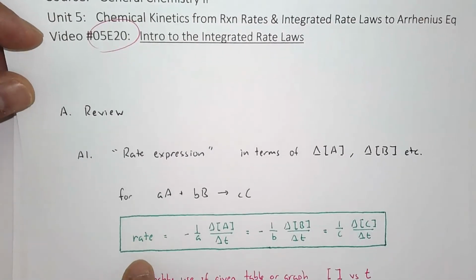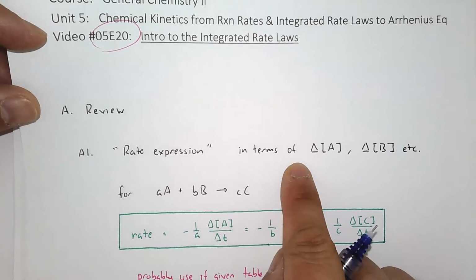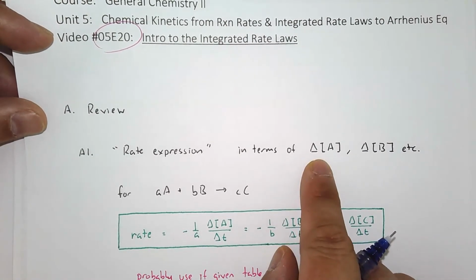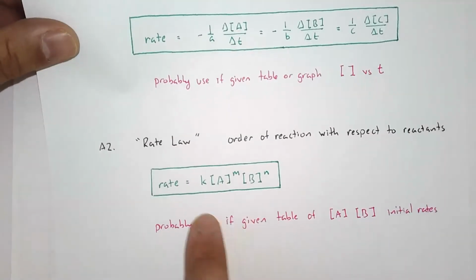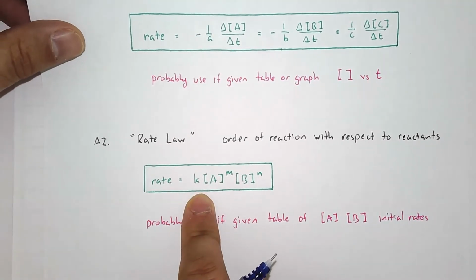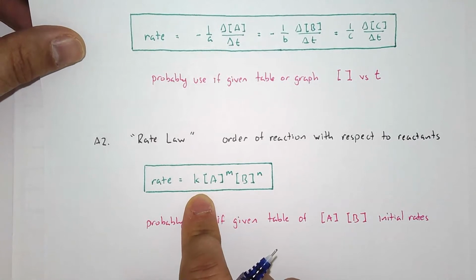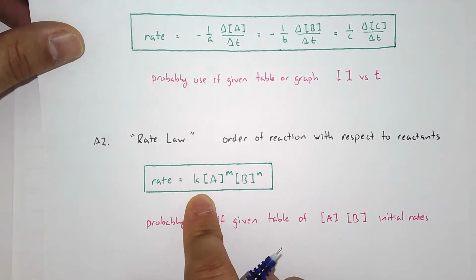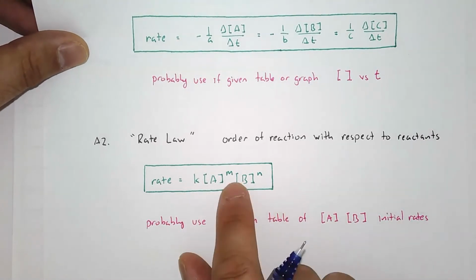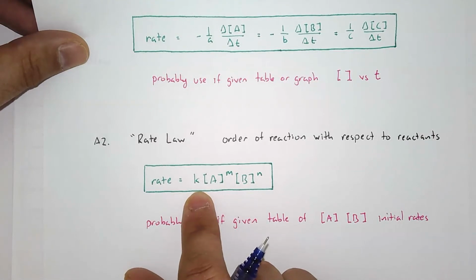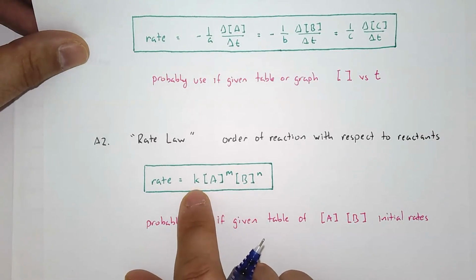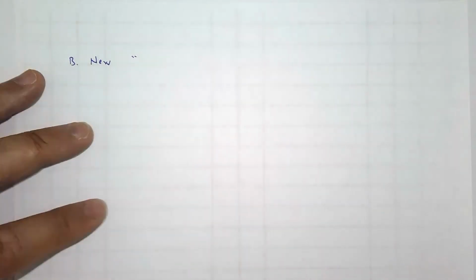I call this the rate expression, and you're expressing the rate in terms of the delta concentrations, whereas this form is called the rate law, and in an exam problem, you could be directly asked, write the rate law for this reaction. You would have to figure out M and N, and explicitly K if they ask you for K. What's the numerical value for the rate constant?